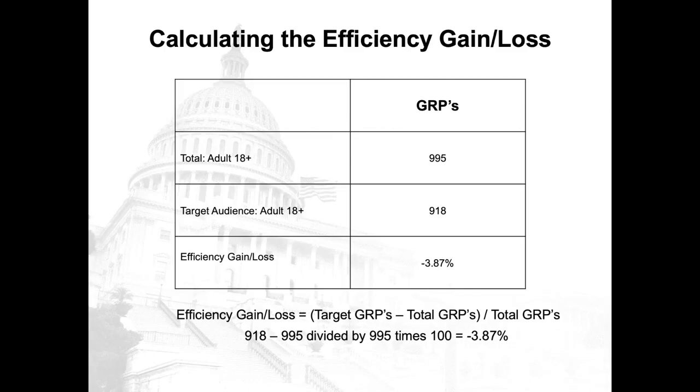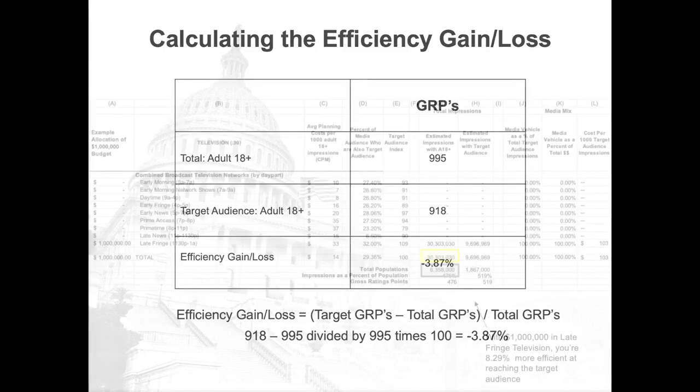When we plan a buy, we are looking at the difference between these two numbers in order to maximize our efficiency gain. In this case, the example buy is actually 3.87% less efficient at reaching the target audience than just focusing on the general adult population. Simply, it's not a good media plan.